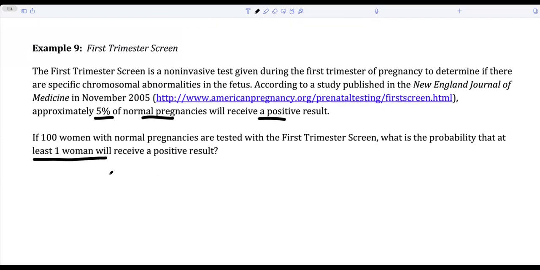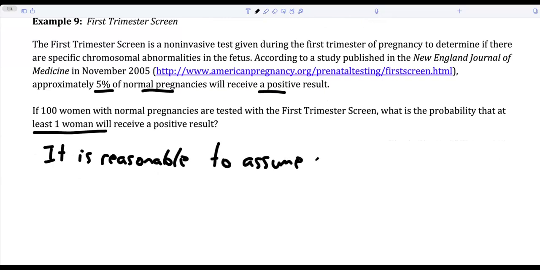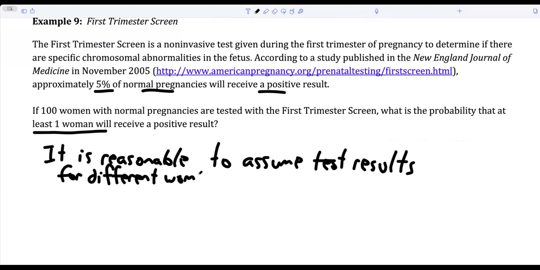Well, first, we must establish independence. It is reasonable to assume test results for different women are independent.